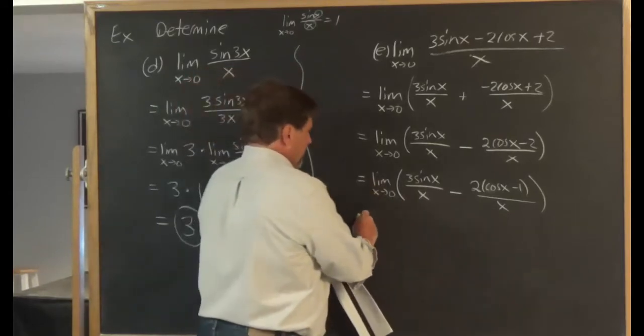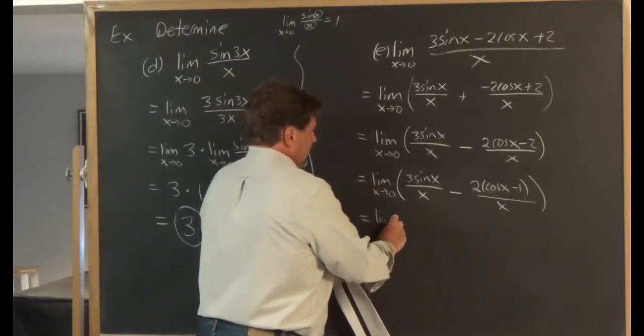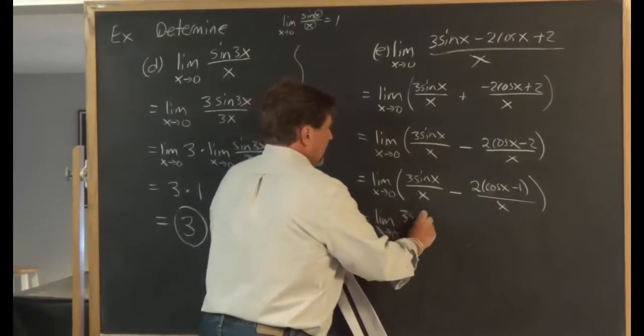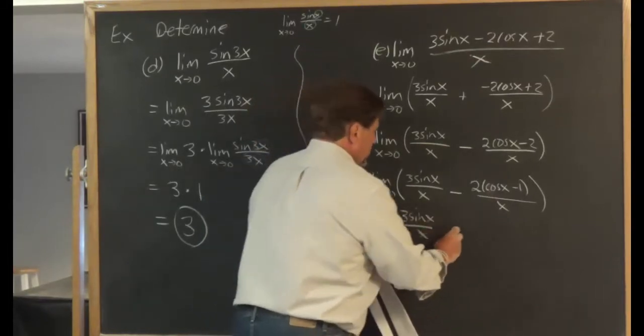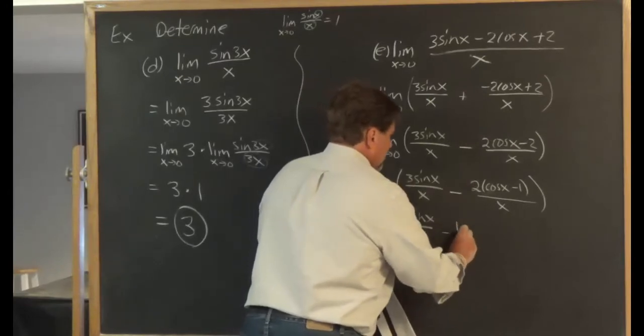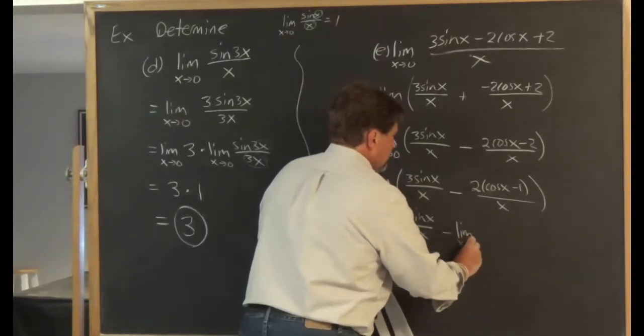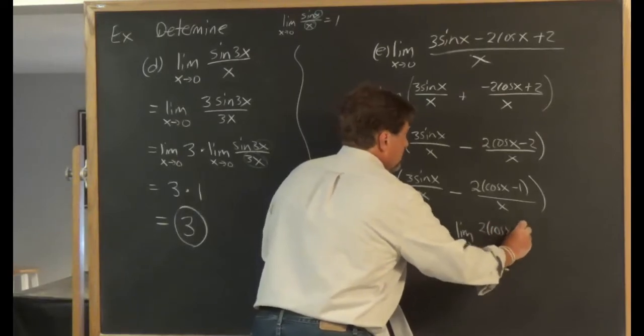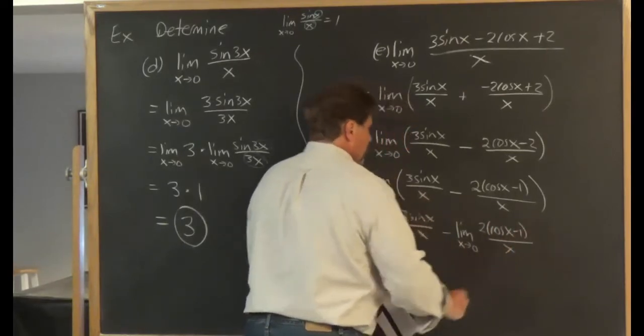So I could rewrite this as the limit as x approaches 0 of 3 sine x over x, minus the limit as x approaches 0 of 2 cosine x minus 1 over x.